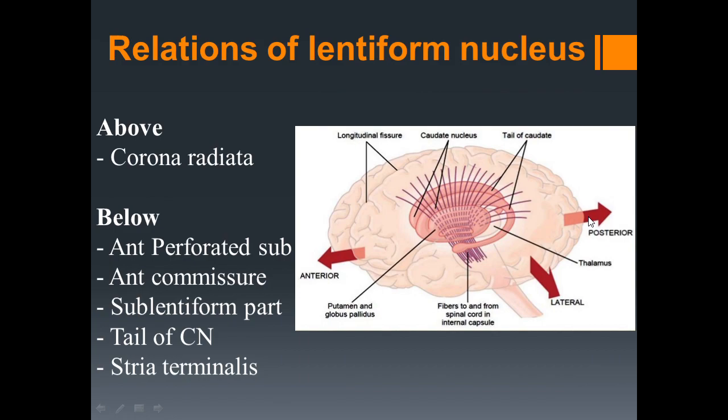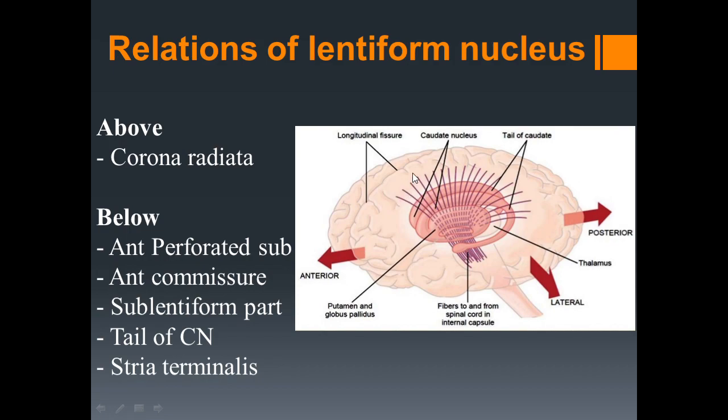Now superiorly, the lentiform nucleus is related to the corona radiata. Now what is corona radiata? Corona radiata are the white fibers which arise from the cerebral cortex.